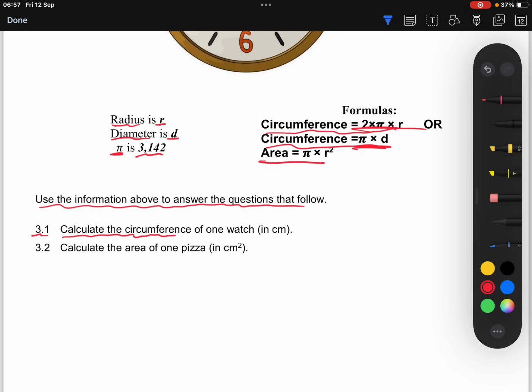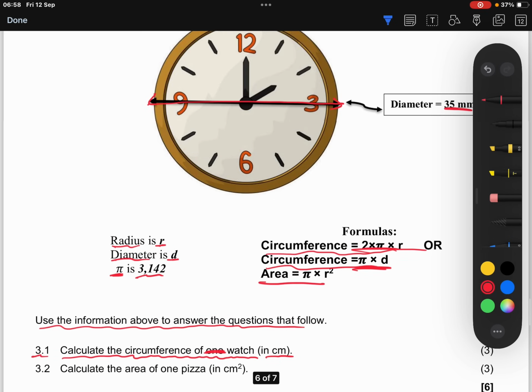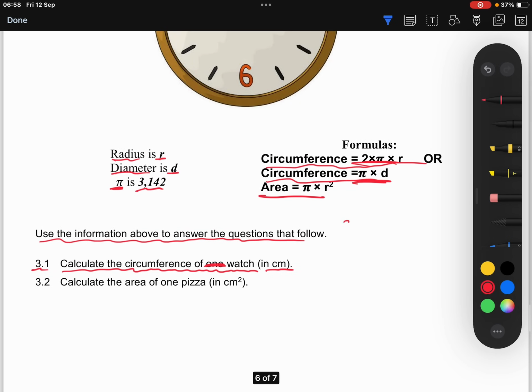3.1. Calculate the circumference of one watch in centimeter. Remember, the diameter we're given in what? In millimeter. So that means we have to convert the 35 first because they want it in centimeter, from millimeter to centimeter.